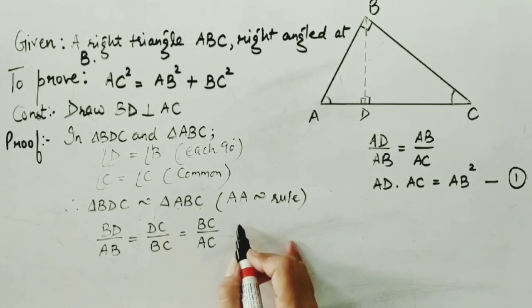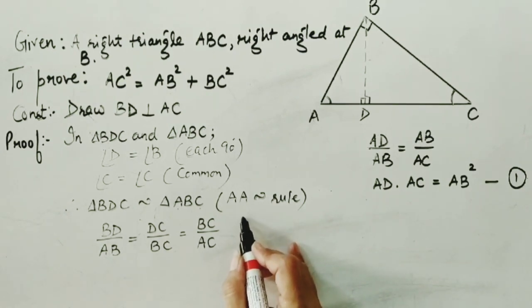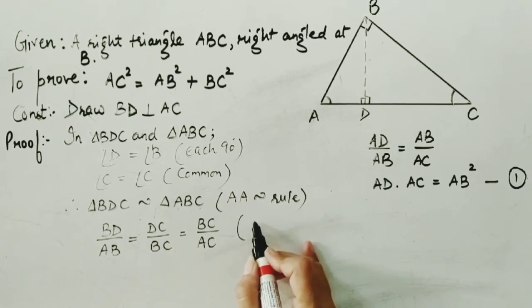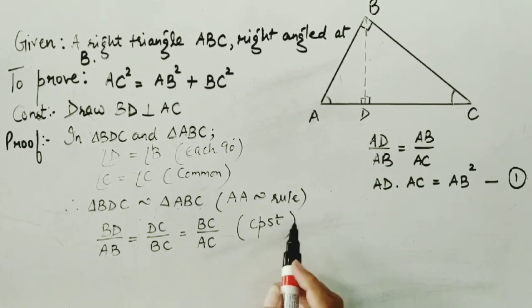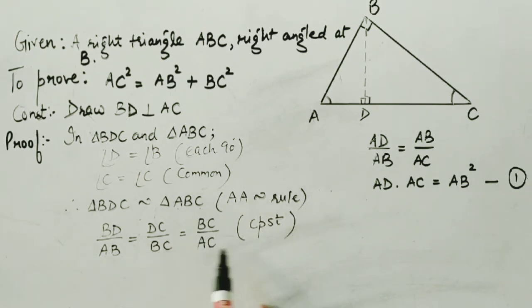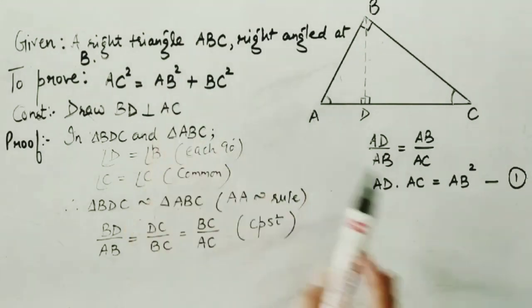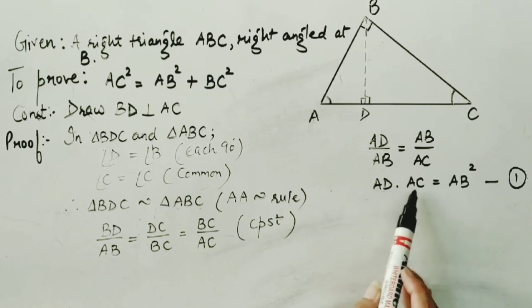Okay, you must write the reason here as well. This is CPST, corresponding parts of similar triangles, or sides are divided in the same ratio once the triangles are proved similar.